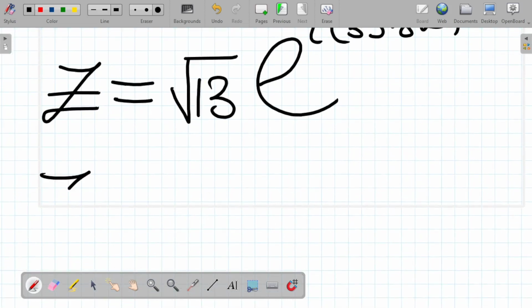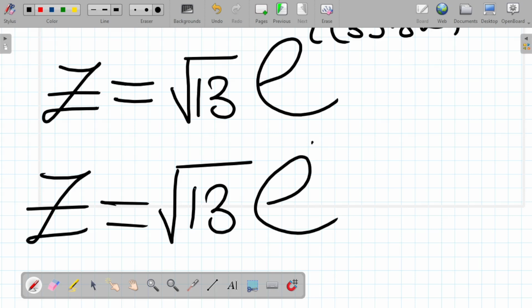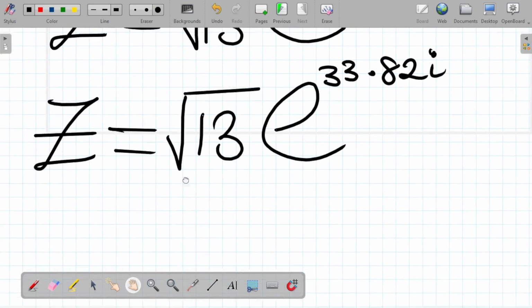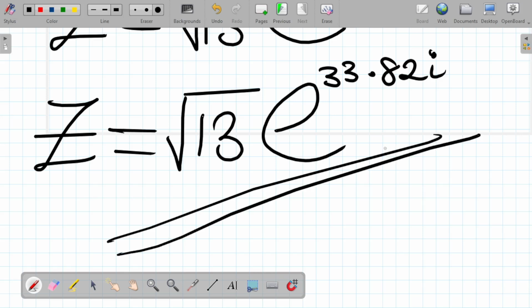So therefore, z is equal to the square root of 13 e^(33.82i). So this is our final answer.